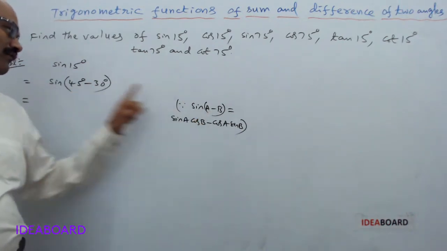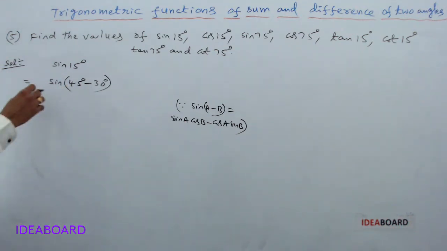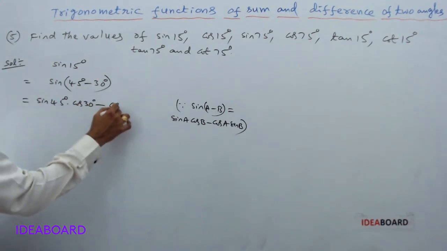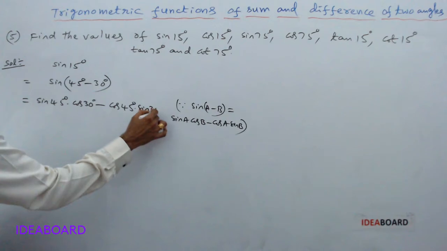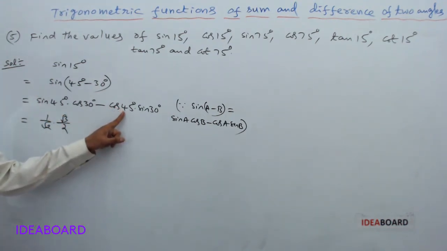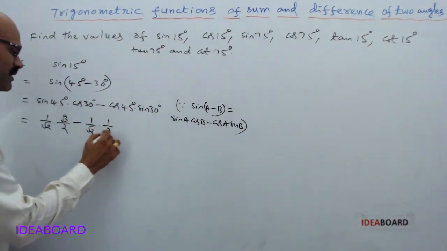So here a equals 45 degrees and b equals 30 degrees. So it equals sin a cos b minus cos a sin b, which is sin 45 degrees, 1 by root 2, we know the value of sin 45, into cos 30 degrees, root 3 by 2, minus cos 45 degrees, 1 by root 2, into sin 30, 1 by 2.